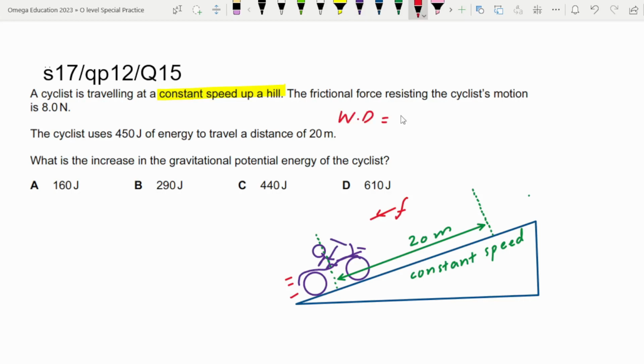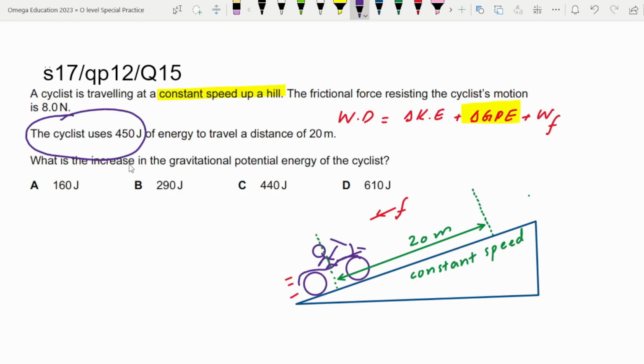It is actually the change in all these energies, the change in kinetic, the change in gravitational potential, and the work done against friction. So delta KE plus delta GPE plus work done against friction.